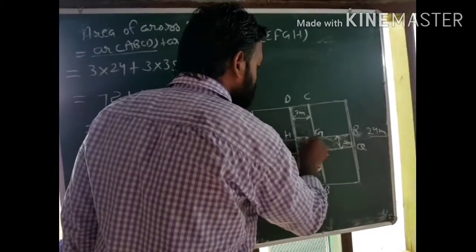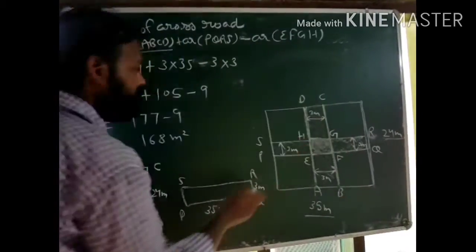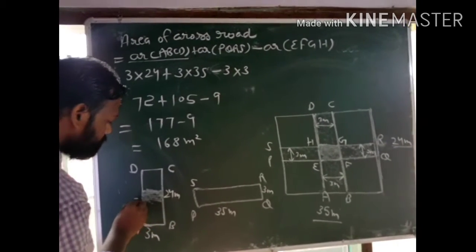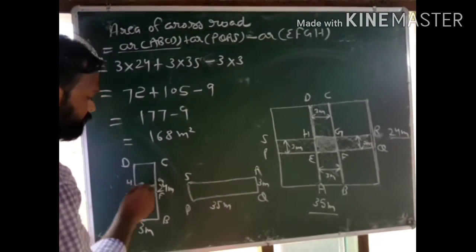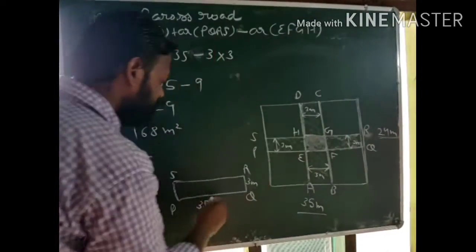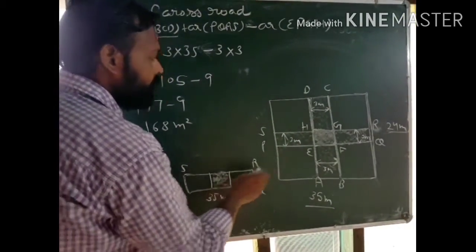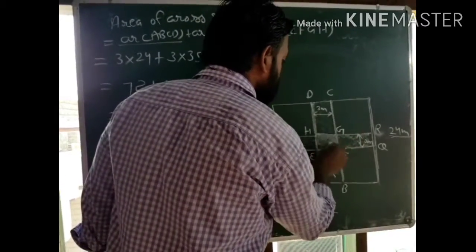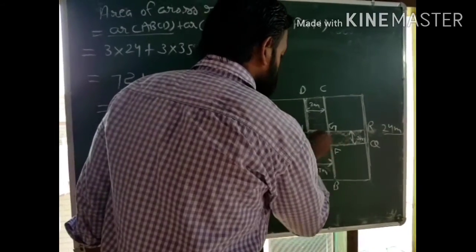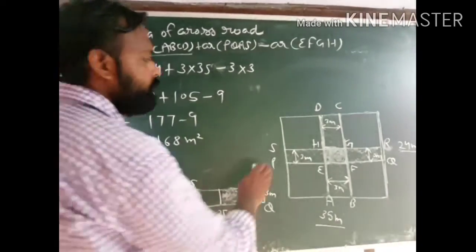When we found the area of ABCD, this portion was already included, and when we found the area of PQRS, this area was included again. So this area is included two times, for ABCD and for PQRS.